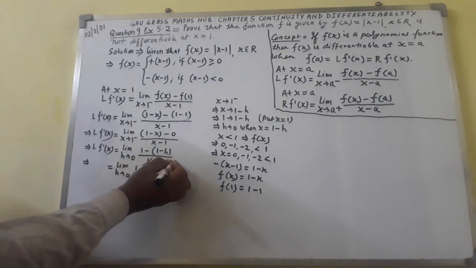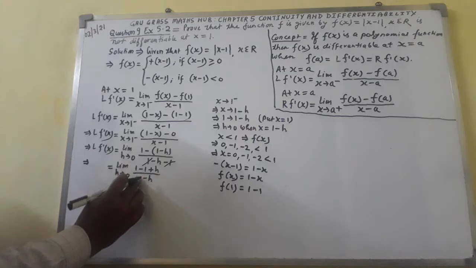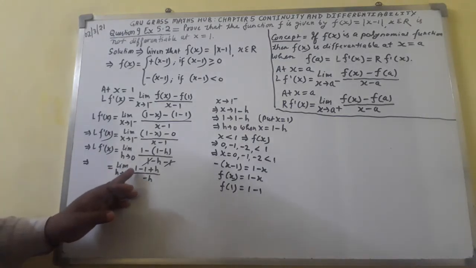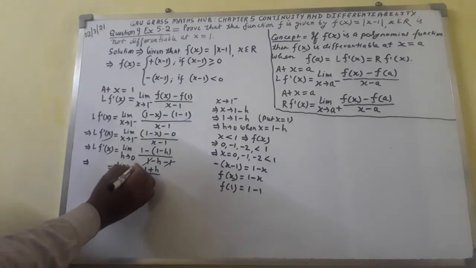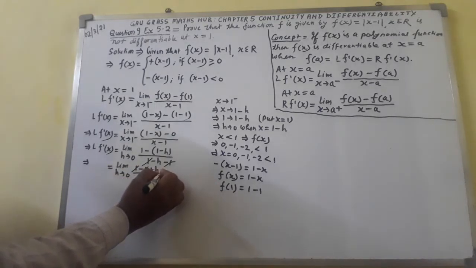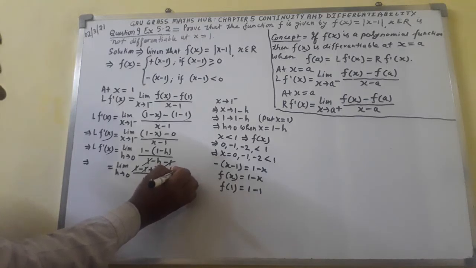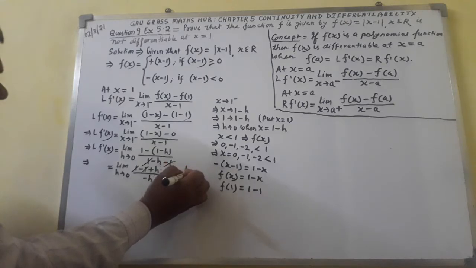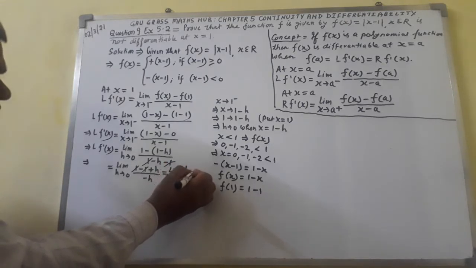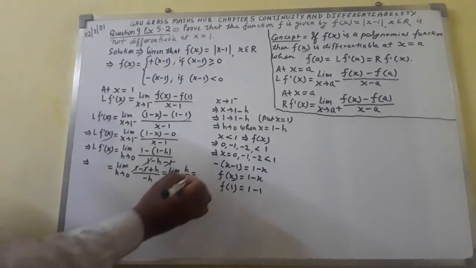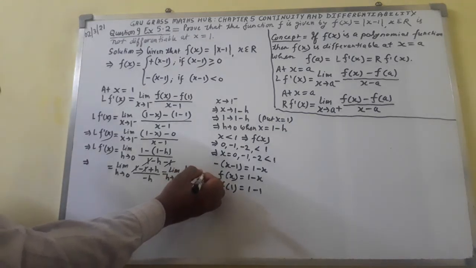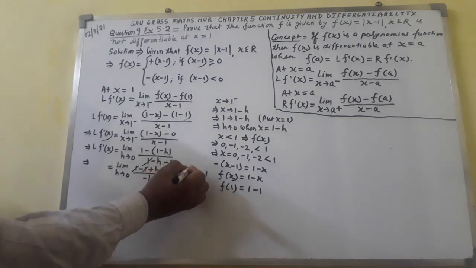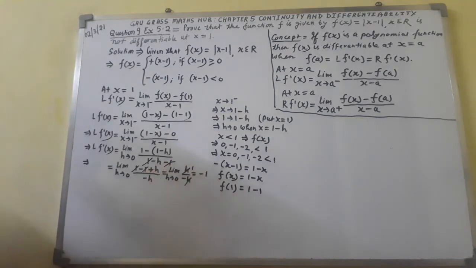This plus 1 minus 1 will be cancelled out. Here you will get only minus h. And also plus 1 minus 1 will be cancelled out. Limit h tends to 0, minus h over h. You will get minus 1. h will be cancelled out, here you will get 1.